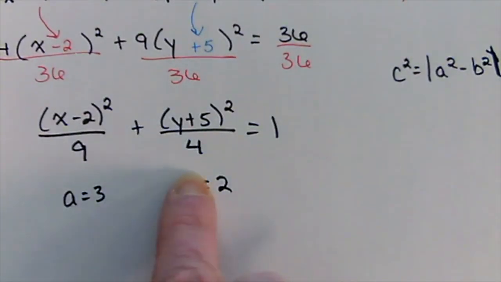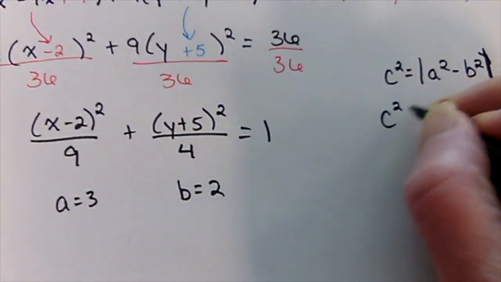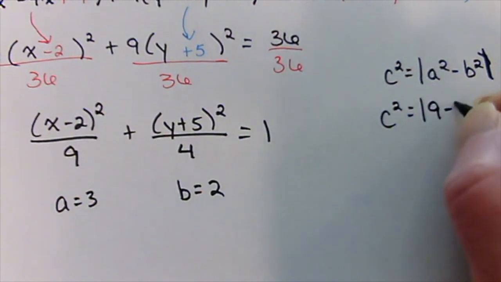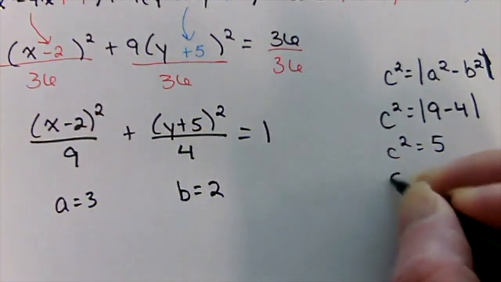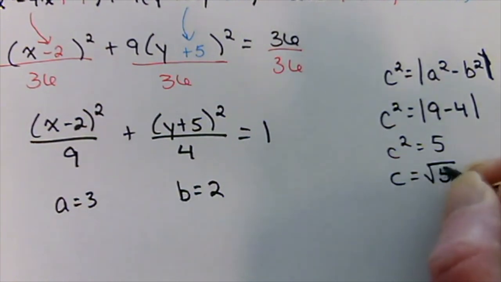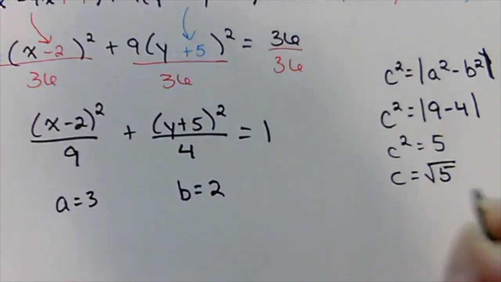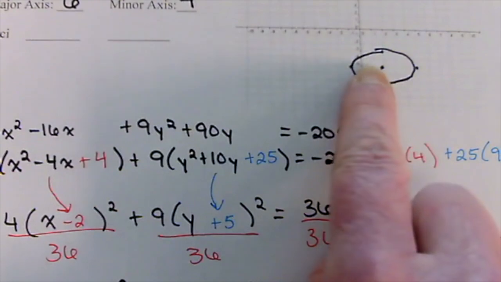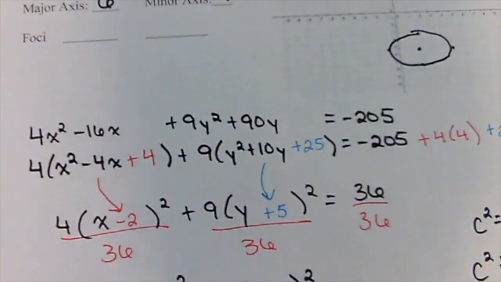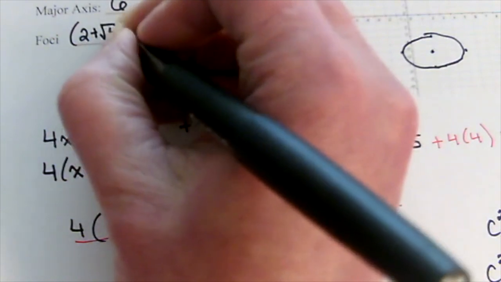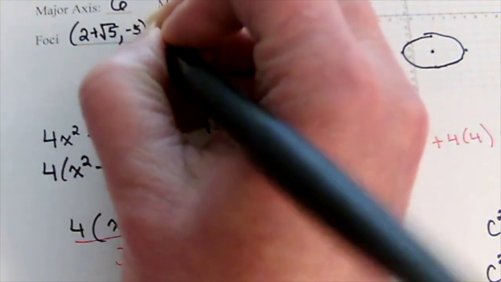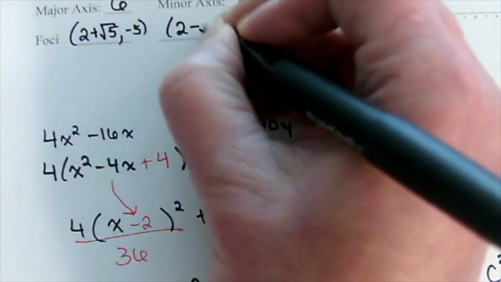Oops, that's supposed to be an absolute value. A squared minus B squared. And I'm adding and subtracting that to the x value. So 2 plus the square root of 5 and 2 minus the square root of 5.